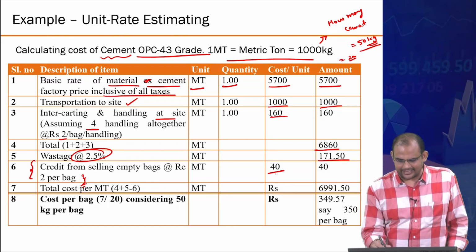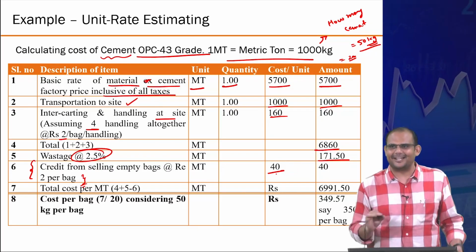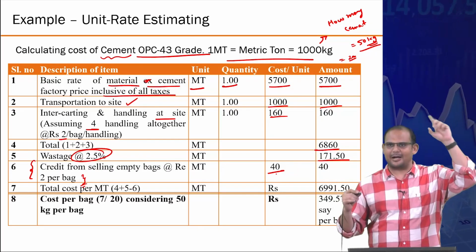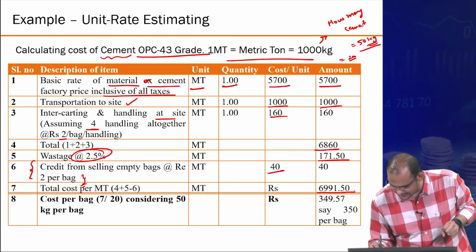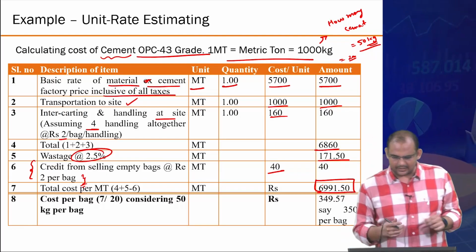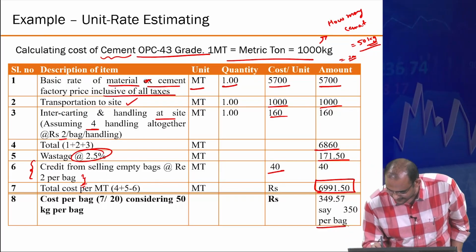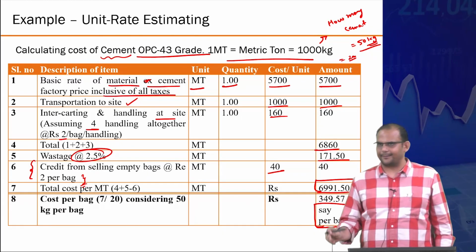See, I am estimating this also as part of my cost, so that later I don't have to worry about what happened to that money when it was sold again, right? So the total cost is coming out to be about 6,992 rupees. And so per bag, it will be somewhere about 350 rupees per bag, right?